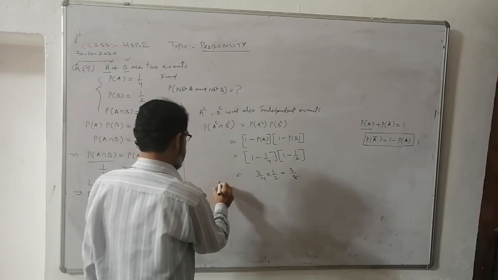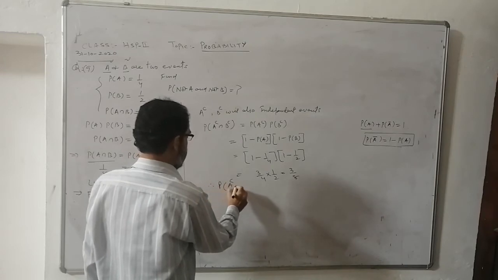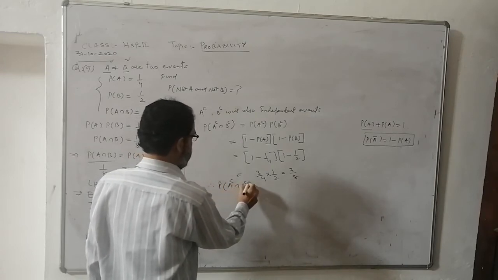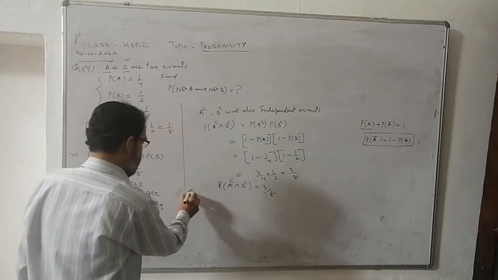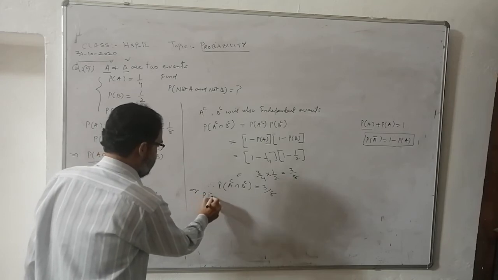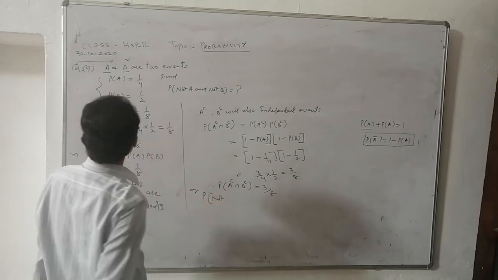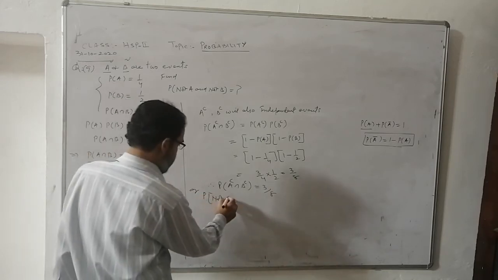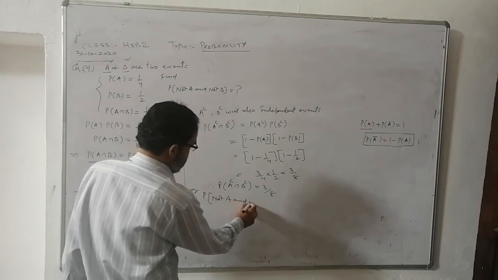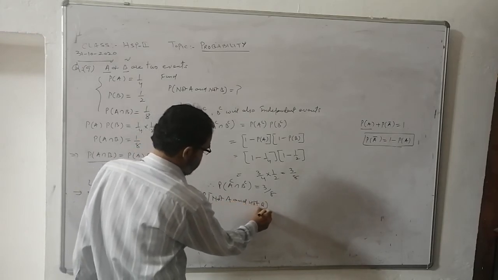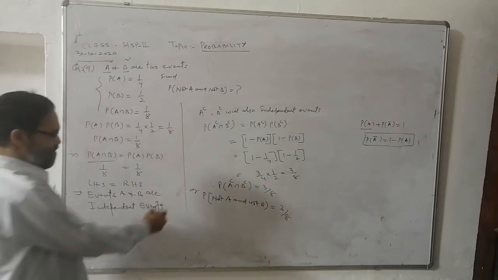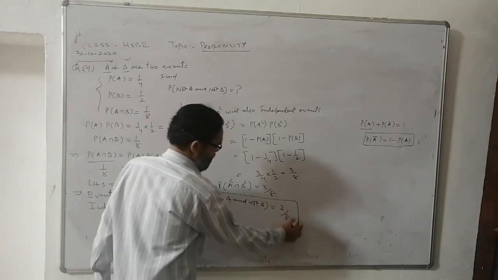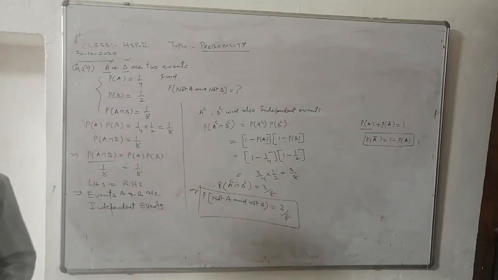So therefore probability of A complement B complement equals 3 upon 8, or we can say probability of not A and not B is 3 upon 8. So this way this question is solved.